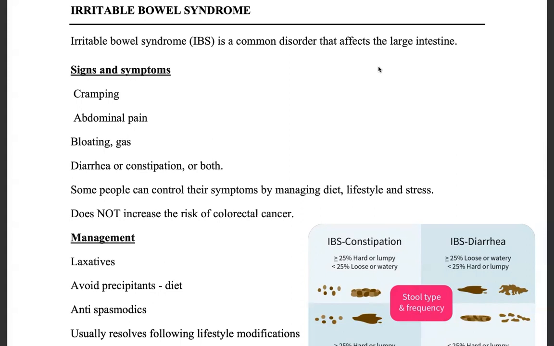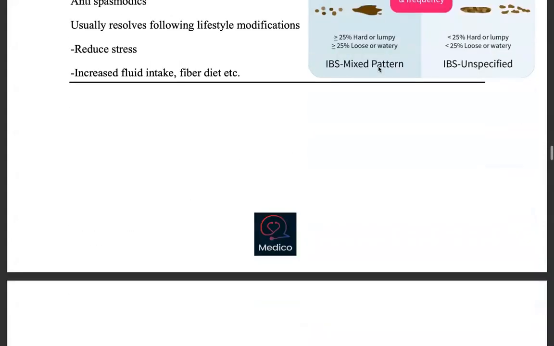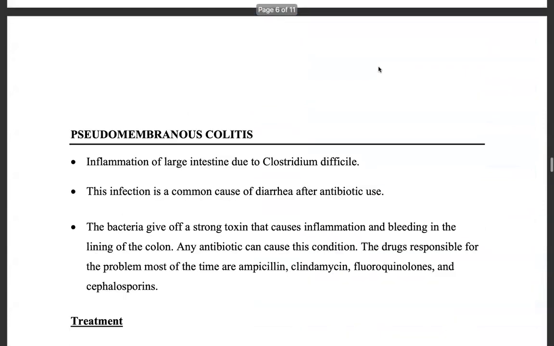The onset should be associated with a change in frequency of stool, and with a change in the form, appearance or consistency of stool. So these three things you should remember. And the management is mainly conservative. So that's all for irritable bowel syndrome.